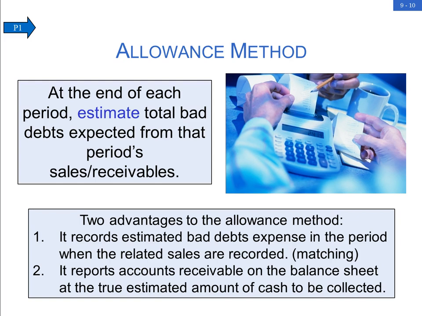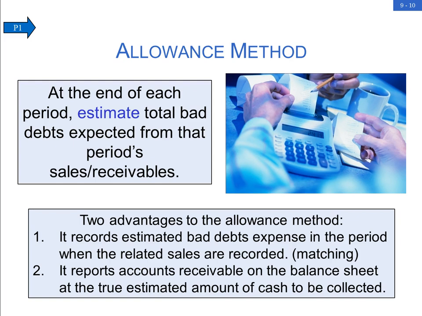And number two, the other benefit is that it helps us convey what our accounts receivable, the asset, is worth at a real value, what we're going to refer to as the net realizable value. People may owe us $20,000, but we're not really going to collect $20,000, because we know some percentage of that is not going to be collected.